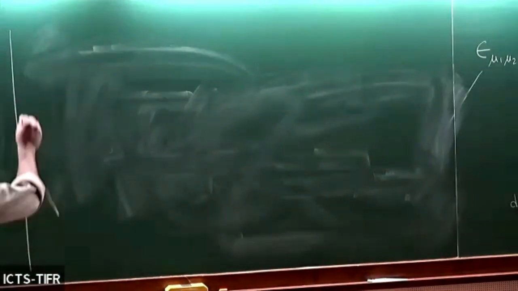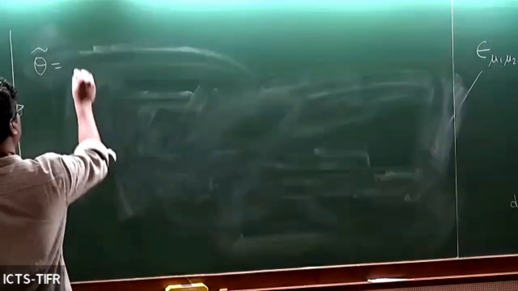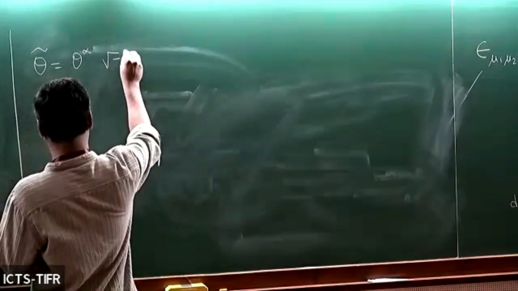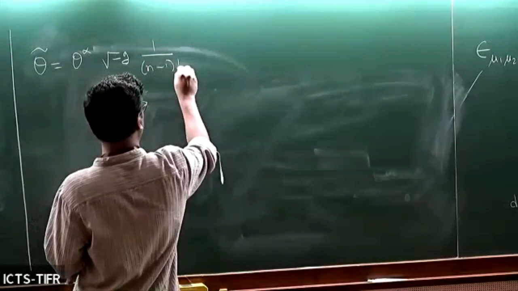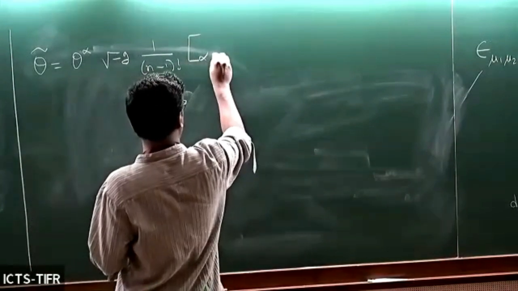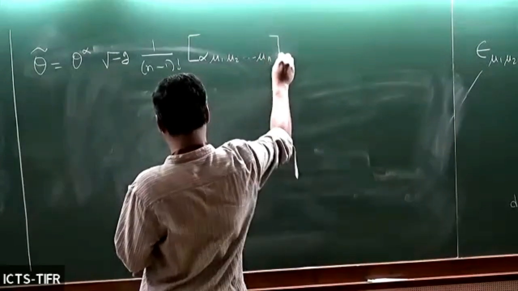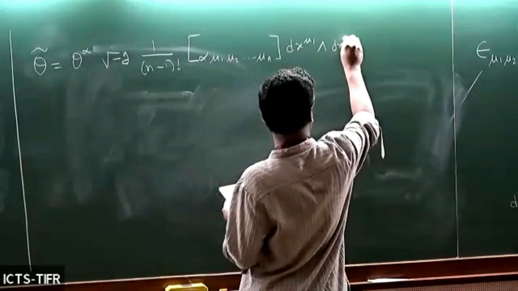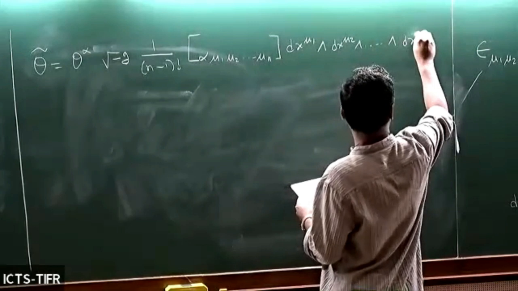So my claim is that if I define the form to be theta alpha, which is this object, times square root of minus g, 1 by (n minus 1) factorial, with the index alpha mu1 mu2 up to mu n, dx mu1 wedge dx mu2 wedge and so on.